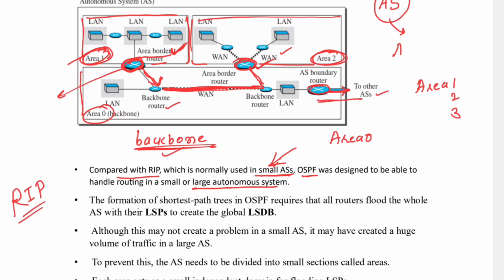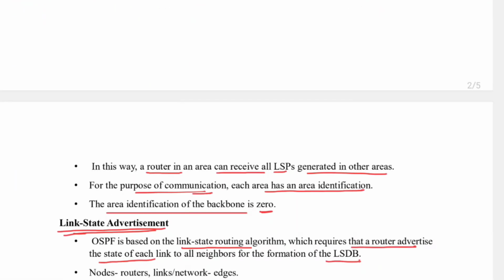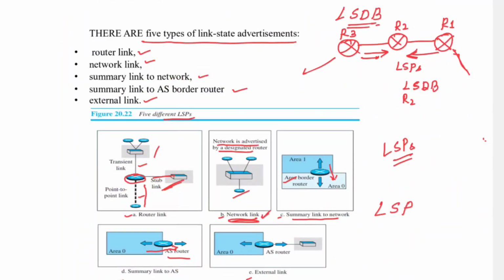So this link is one type of link state advertisement, called the summary link to autonomous system. Then from this autonomous system router, it is sent to the other networks, and that link is called the external link. So these are the 5 types of link state advertisements.